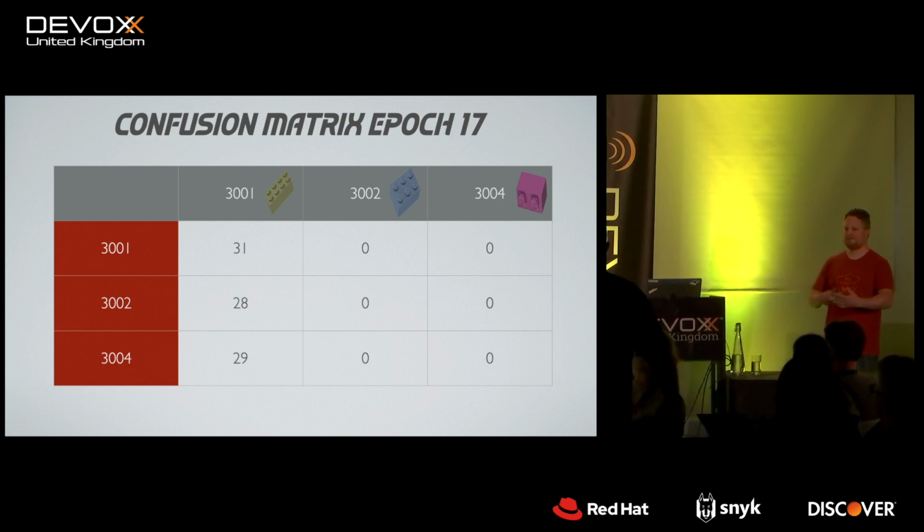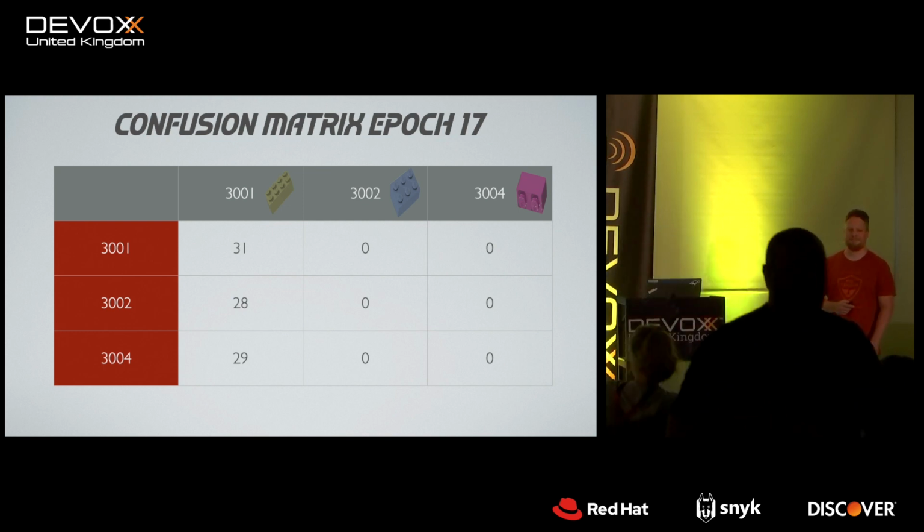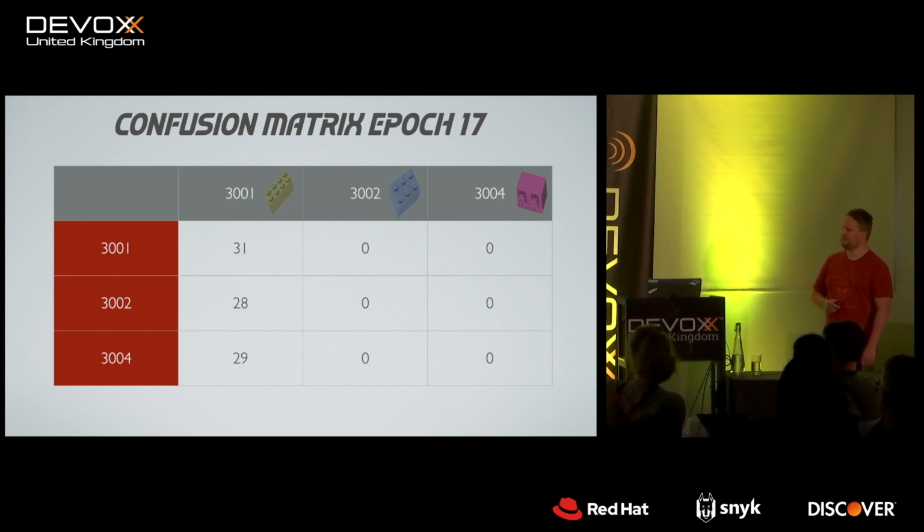It just spit out the first brick, and not really with a high probability. So it was just guessing, and the first thing that comes up in its mind is a 3001 brick. This way you can get a nice 35% accuracy. Great.